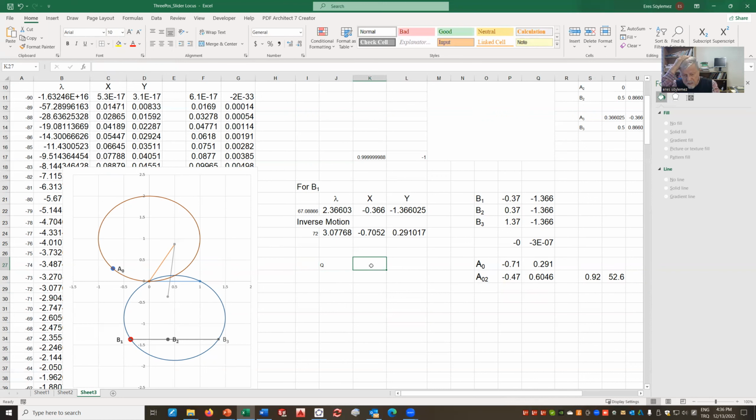and it will pass through A0. Point Q will be passed through A0. Or let us determine another point.